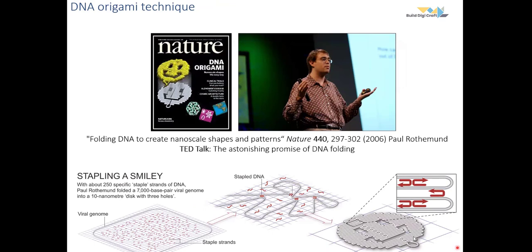Well, meanwhile, there was another person who made a critical contribution to the field called Paul Rothemund. He was at Caltech. He invented an approach that allows building DNA structures in a relatively simple way with a high yield, and the whole process is much more robust than before.